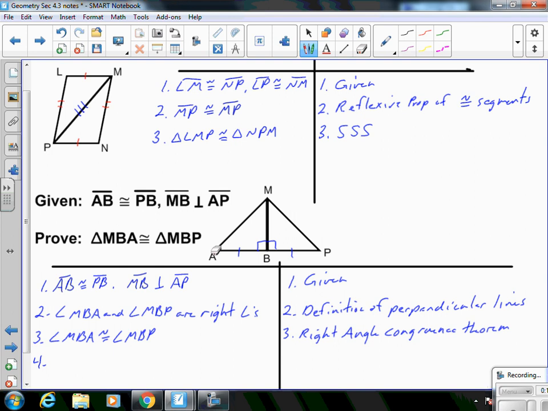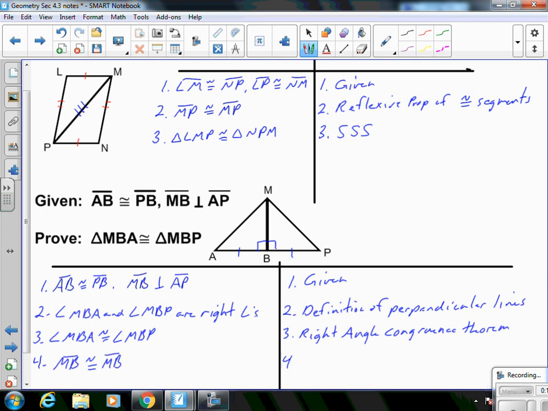We don't have anything that would show that AM and PM would be congruent. But what's the easy one to see that's congruent? MB right here, right? Because once again, it's a shared side between the two triangles. So it's got to be congruent to itself. So segment MB is congruent to segment MB.